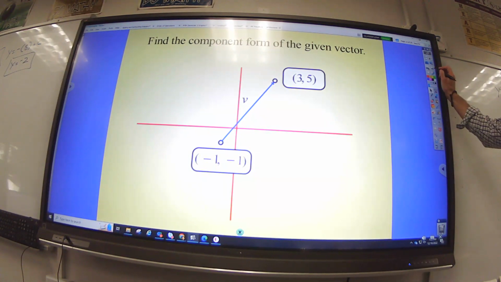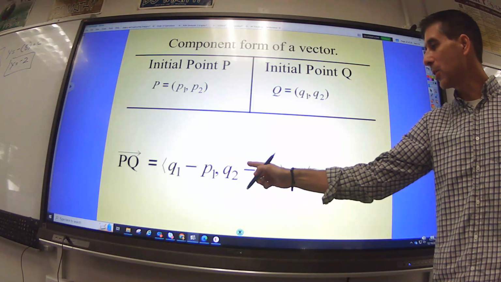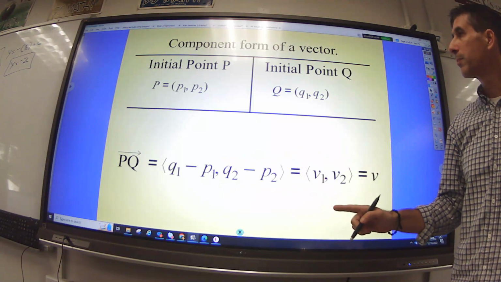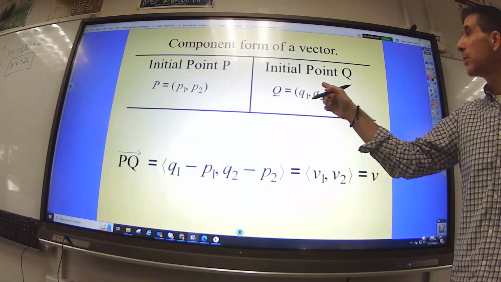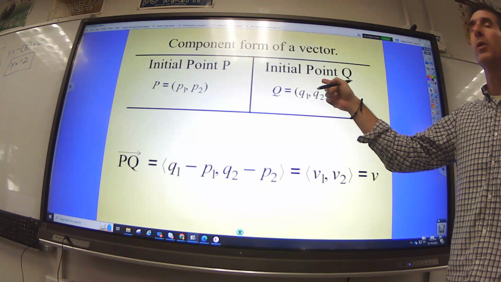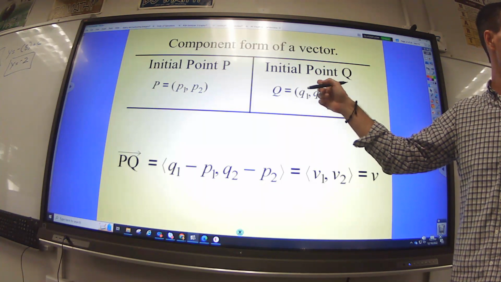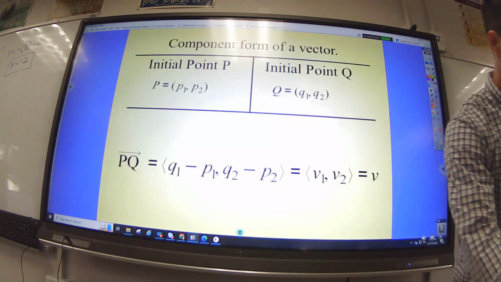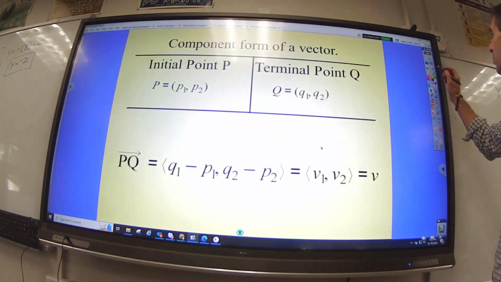Remember, component form is q1 minus p1, comma, q2 minus p2, where q is the initial point and, oh, I gotta change that. What is q supposed to be? Not the initial point, but the terminal point. This is the terminal point. Let me change that, where q is the terminal point.